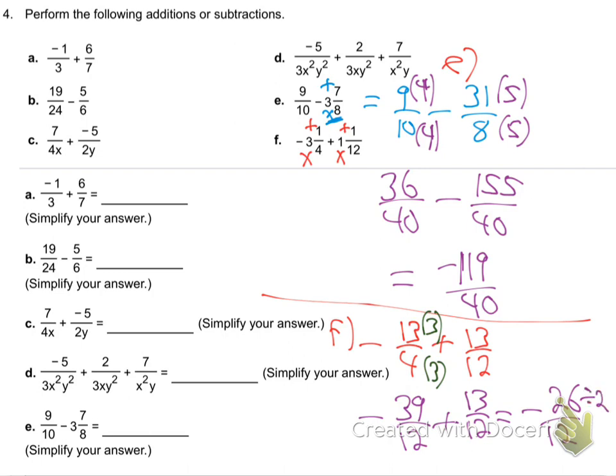And then you can reduce it. We have to reduce. Whenever we can divide top and bottom, we need to do it. So that'd be minus 13 sixths, dividing top and bottom by 2 there.